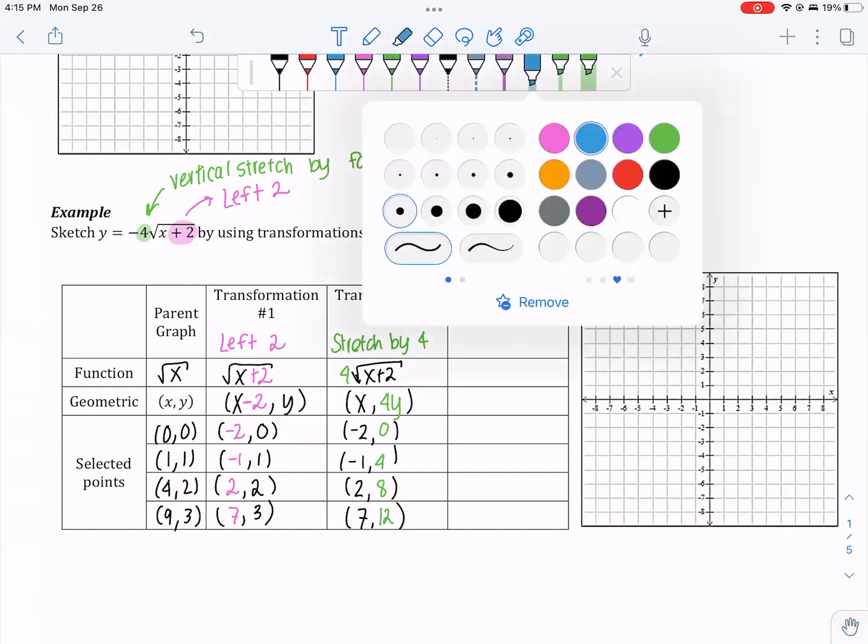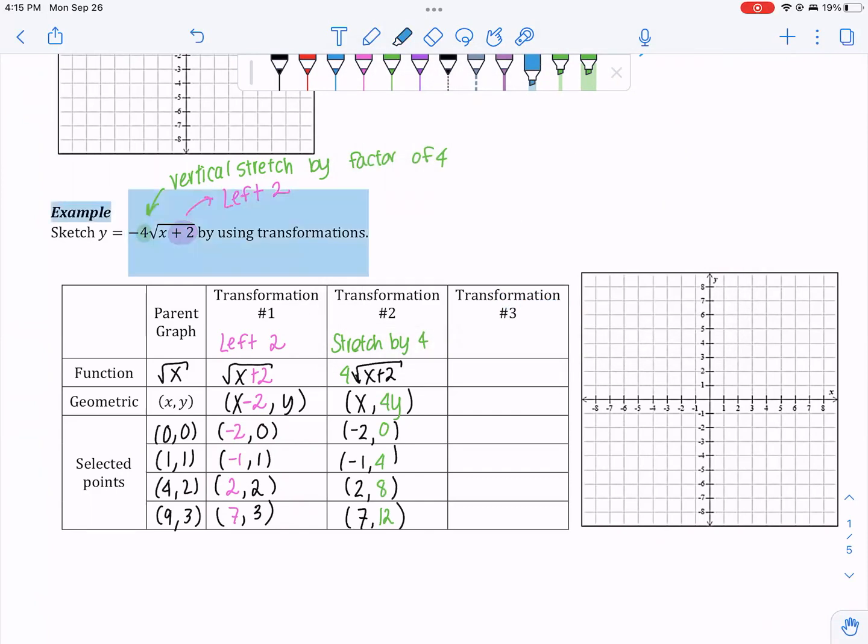Finally, out front, there is a negative sign. Negative signs out front of the function is going to be a reflection over the x-axis.